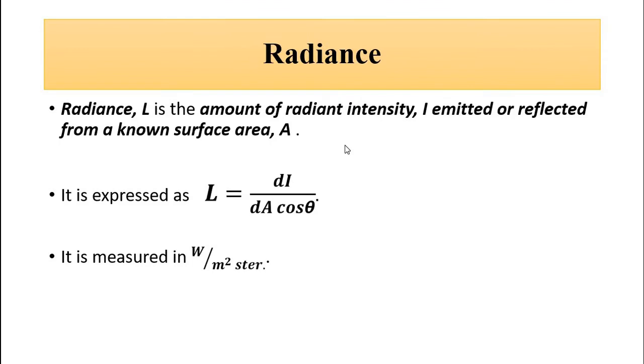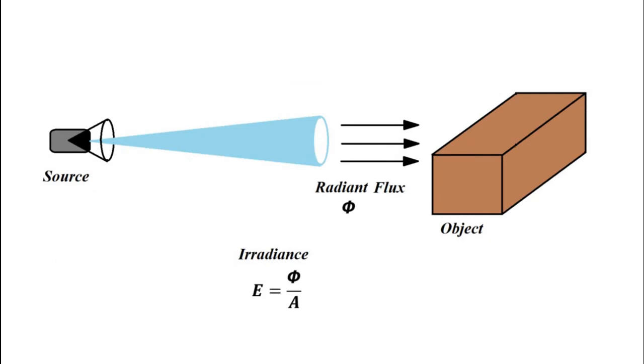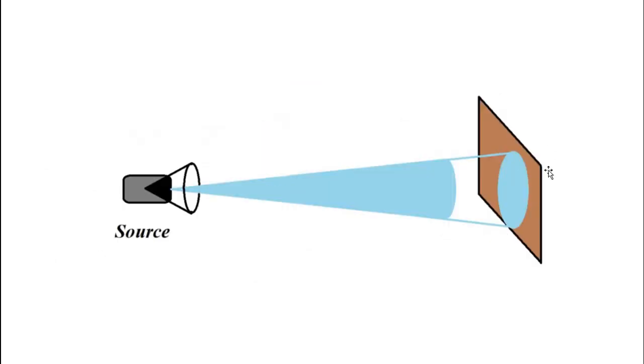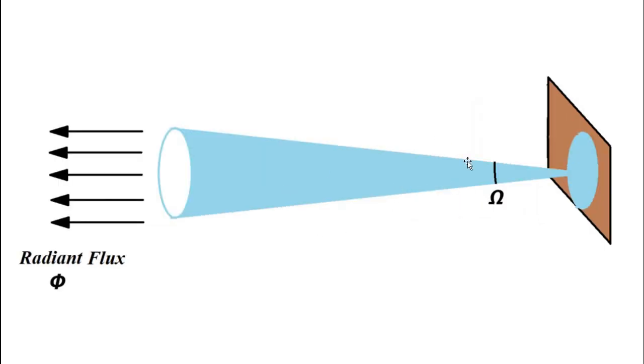Then there is radiance. It is similar to the concept of luminance. So here radiant flux falls on the object, a portion of that object, the surface area captures the radiant flux, then from that irradiated surface, how much of the radiant flux is reflected back is given by radiance, again per unit solid angle.